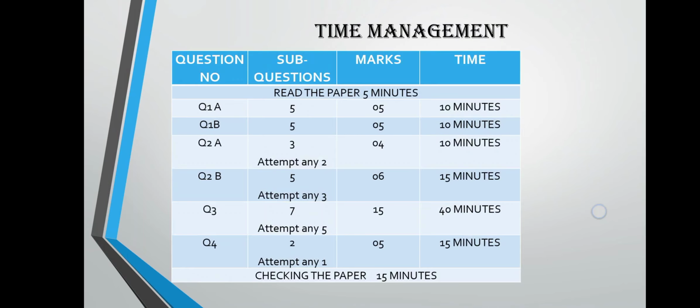This makes our total of 120 minutes complete without taking any stress or panicking. If we follow this timetable, I'm sure you will be able to complete the paper on time and score maximum marks in the paper.